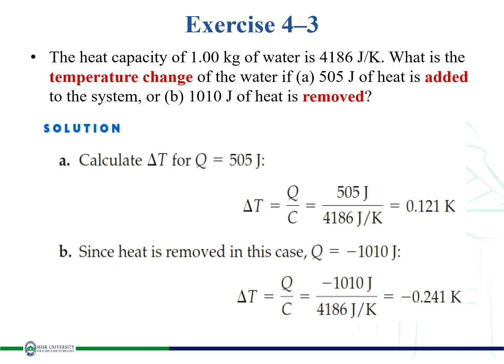The heat capacity, C, is given as 4186 joules per Kelvin. So, we divide 505 J by 4186 J divided by K. This calculation gives us a temperature change of 0.121 Kelvin.